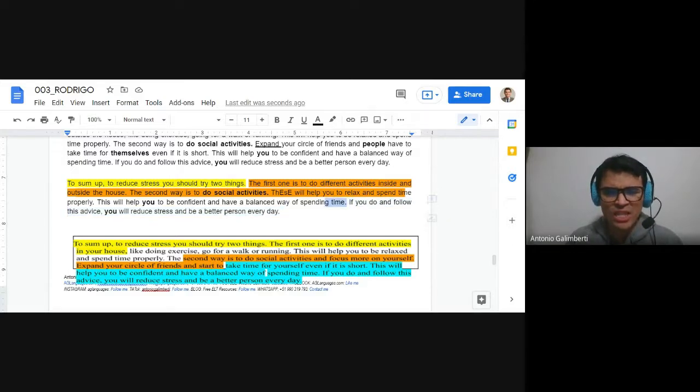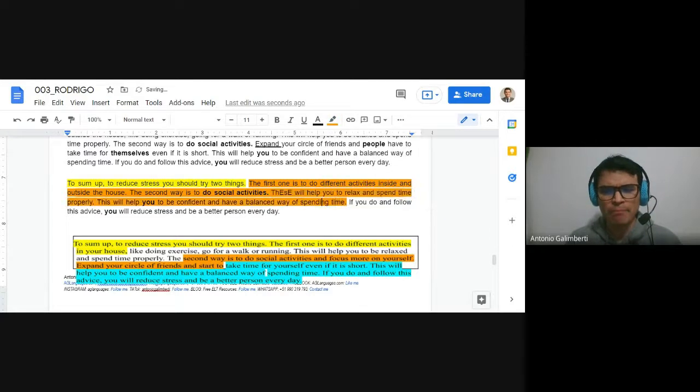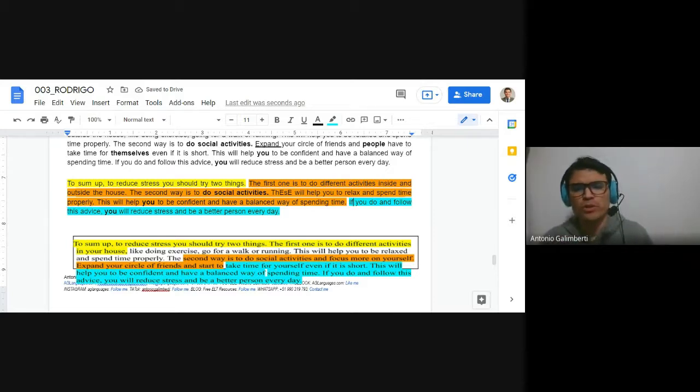And here you are moving people to act. Yes, I think this is kind of like a summary of your two body paragraphs, but yes, because you're talking about that in the previous paragraphs, that's okay. I would add something stronger here in your conclusion to move people to act. It's okay.